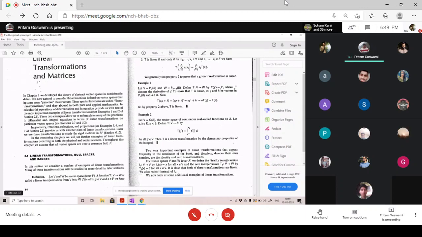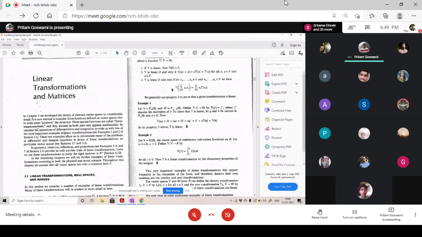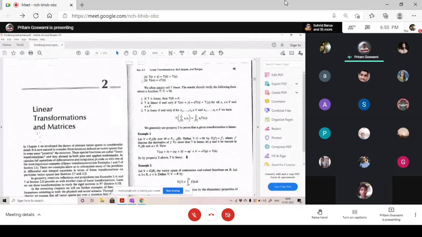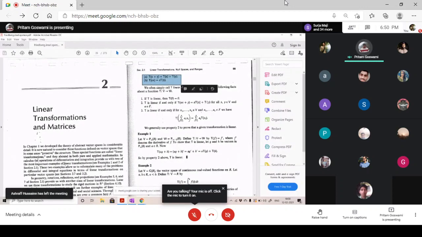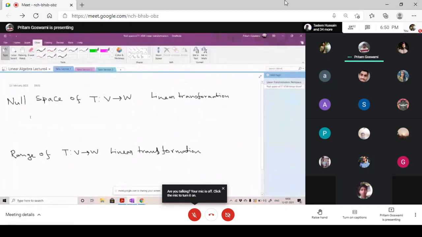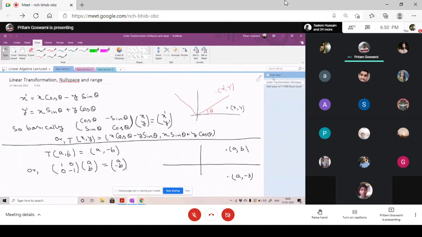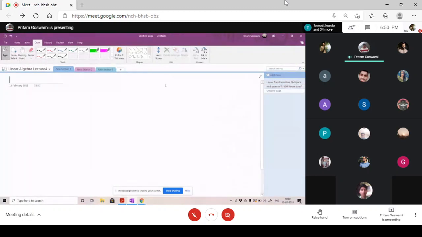Okay. Yes, sir. And we call this function a linear transformation if it satisfies certain properties. Suppose V is a vector space and W is another vector space.